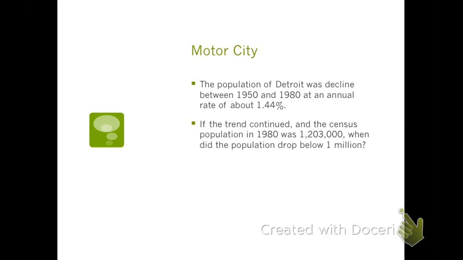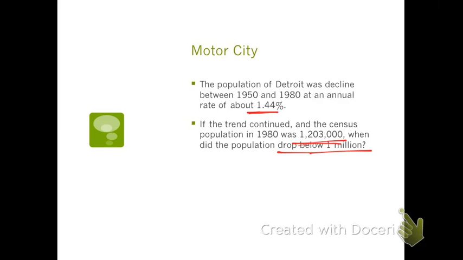So in order to solve a problem like this, where we're given information about a rate, we're given our initial, but we're asked when does it reach a certain level, you might remember that you can solve this with a logarithm. We can also solve it graphically, which is what we're going to do here, or I'll at least explain the process.